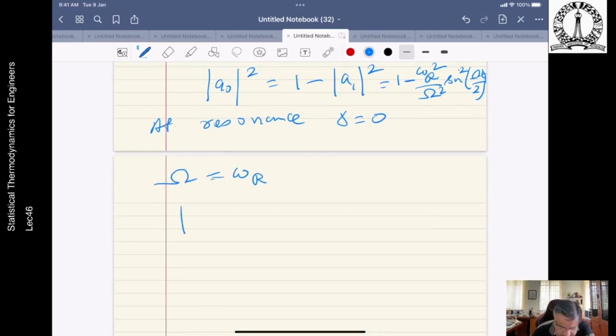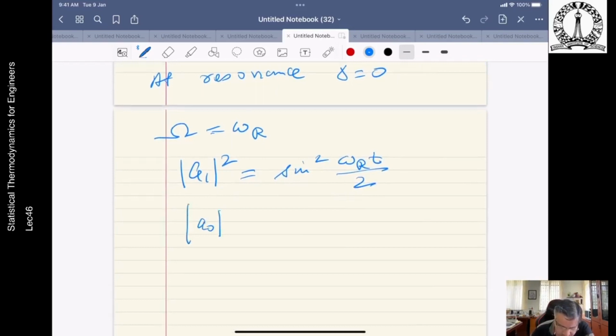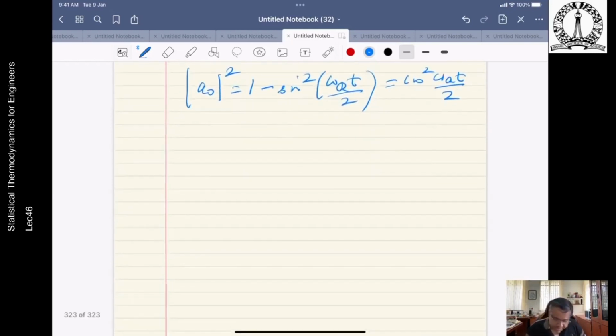In that case, A1 squared becomes sine squared of omega r t by 2, and A naught squared becomes 1 minus sine squared of omega r t by 2, which is also equal to cos squared of omega r t by 2.